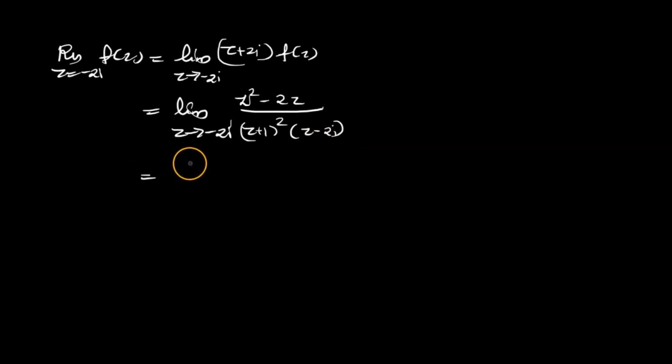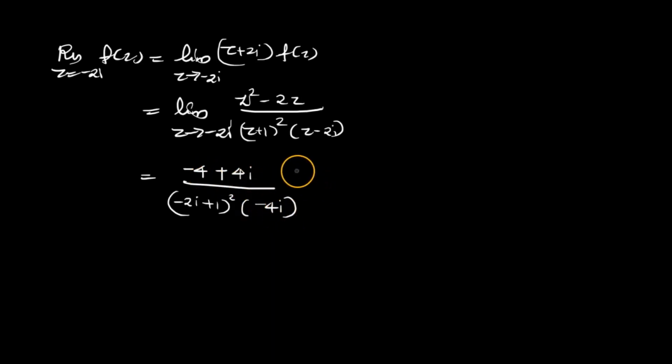Now putting the limit, (minus 2i) square is minus 4, and minus 2 into minus 2i is plus 4i, divided by (minus 2i plus 1) whole square into (minus 2i minus 2i, which is minus 4i). We can cancel this with the numerator, that is, we cancel minus 4.